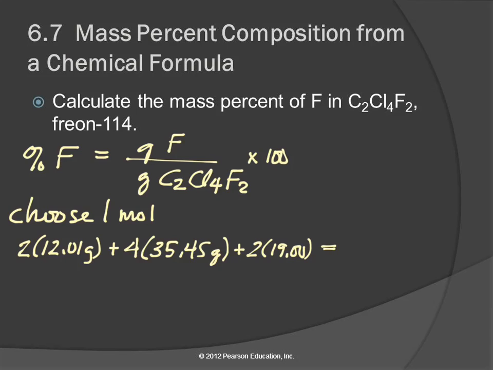And we add those together. 2 times 12.01 plus 4 times 35.45 plus 2 times 19 equals 203.82 grams. That's grams of C2Cl4F2.